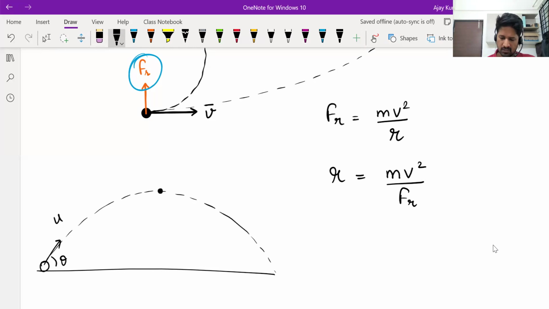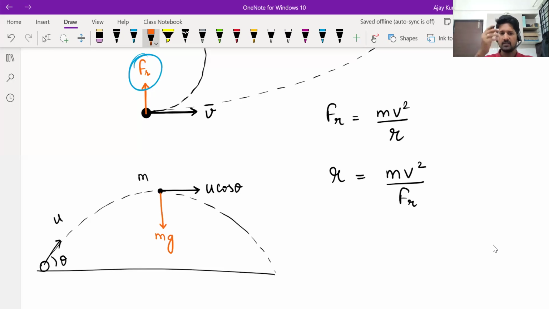Now assume the mass is m. In fact, you don't need to know the mass, it only depends on acceleration and speed. But let's say the particle's mass is m. At H max, it will have a velocity of u cos theta, that horizontal component. And the force acting on the particle when it is at maximum height, or any time during flight, is gravity. Gravity acts vertically downwards always, mg.